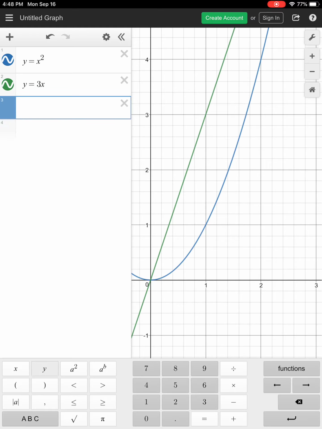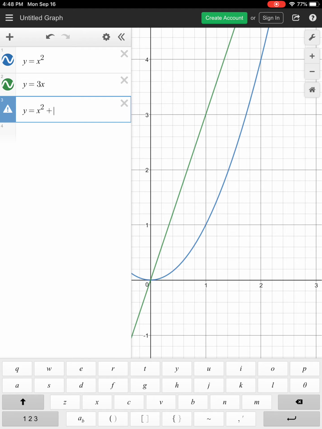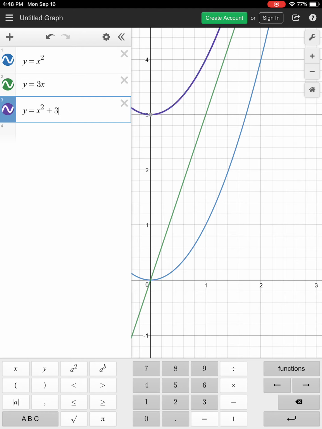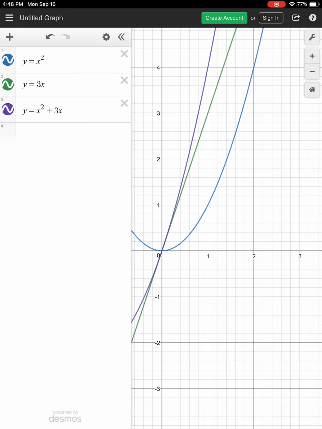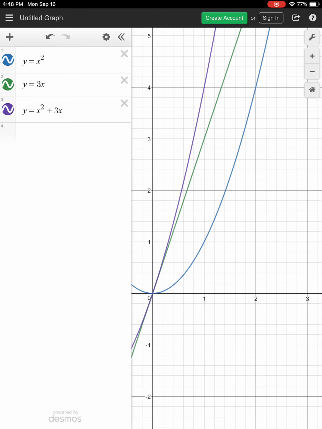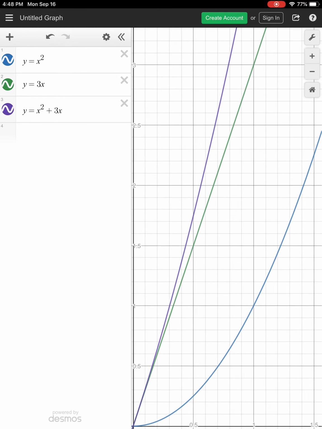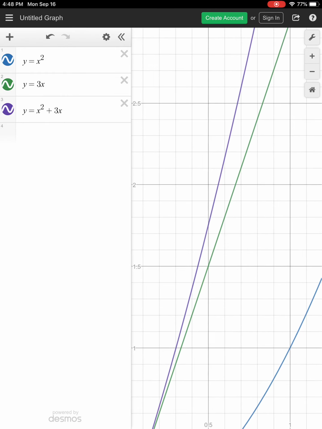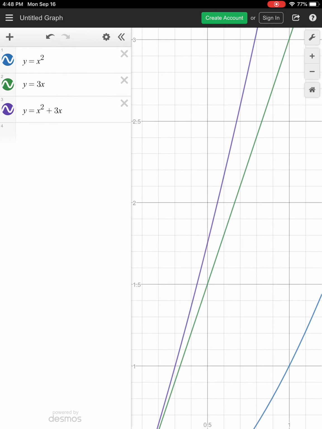Well, we should get y equals x squared plus 3x. So what we expect is a slope of 3 plus 2, which is 5. Okay, zooming in on the purple function, when x is equal to 1, let's see if I'm at the right spot here.